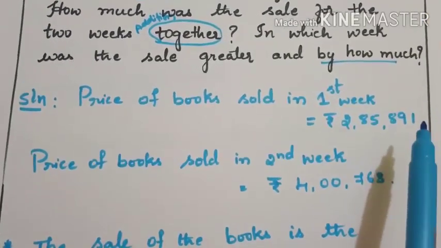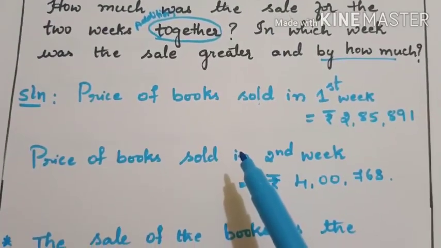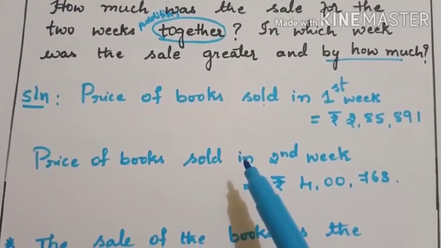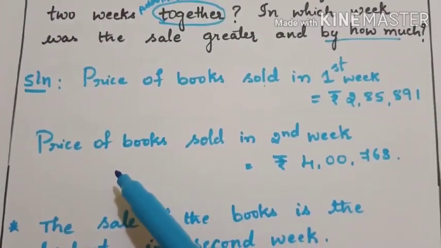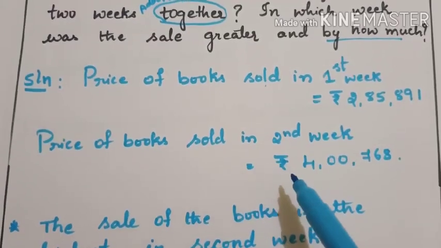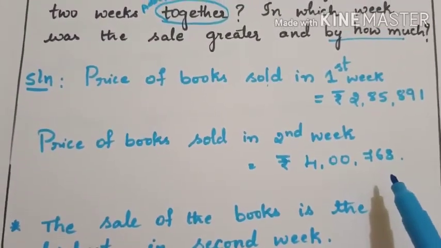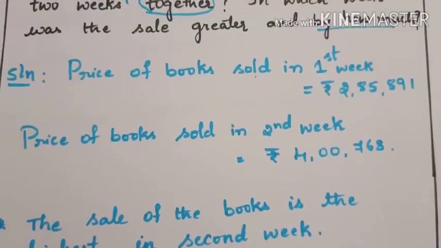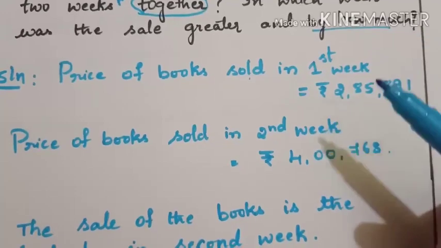Let me remind you, for the statement problems, must and should, you should write the proper sentences. Price of books sold in second week is equal to rupees 4,768.